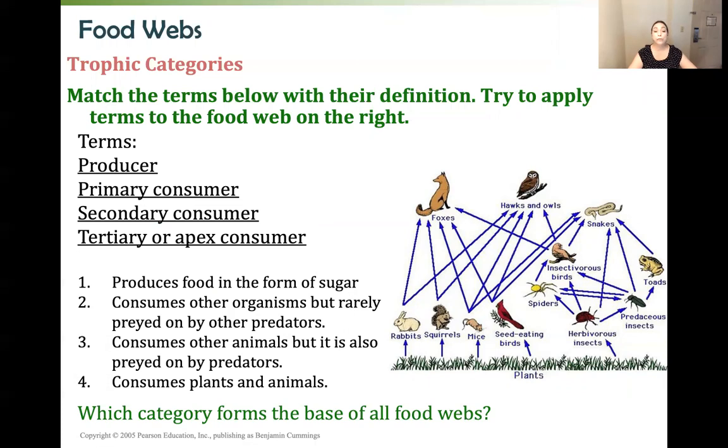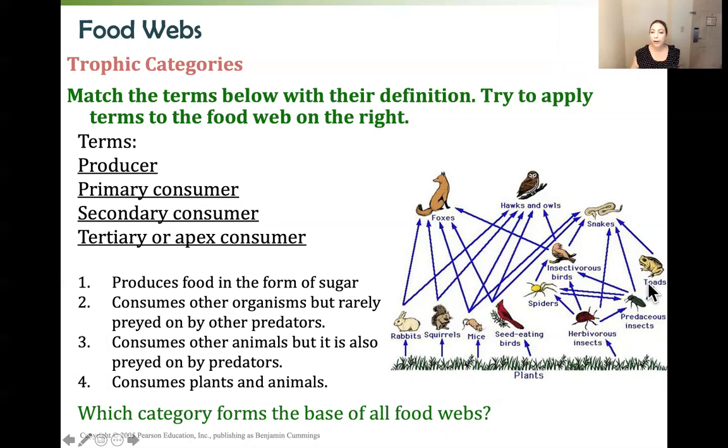Number three, consumes other animals, but it is also preyed on by predators. So that would be our secondary consumer, right? So here we have, let's take a look at our food web here, like a toad, for instance.